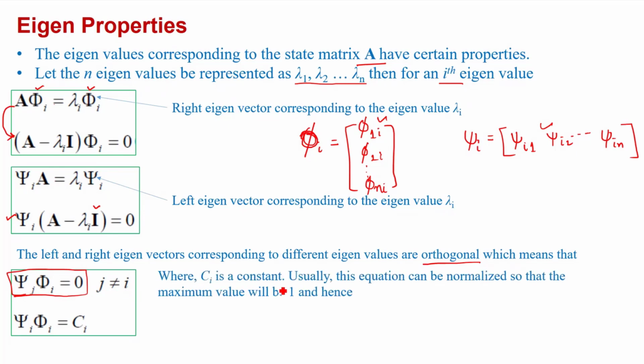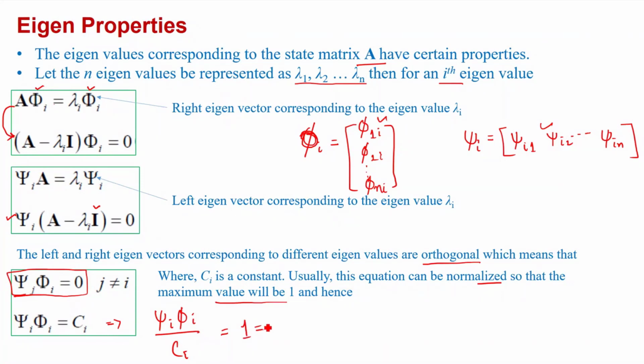Here Ci is a constant. Usually this equation can be normalized so that the maximum value will be 1, right? Normalizing means that if we divide both sides by Ci, then it will become 1. So psi i phi i by Ci will be equal to 1.